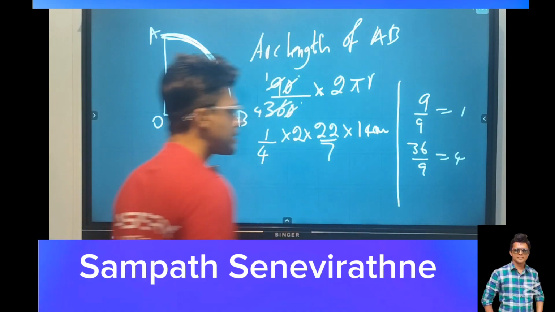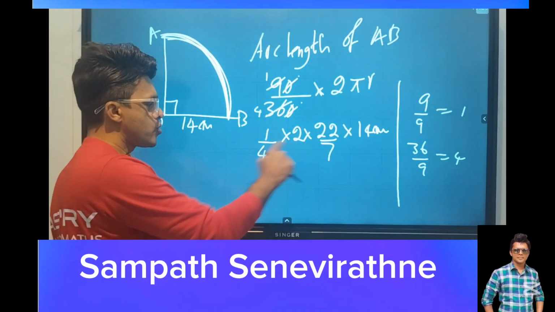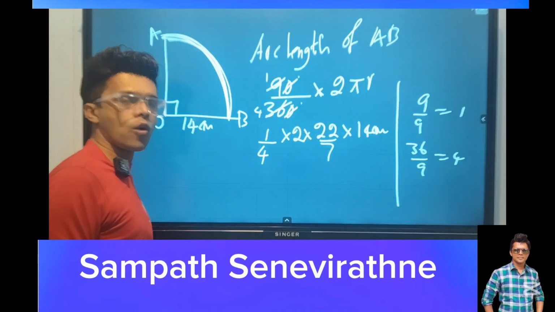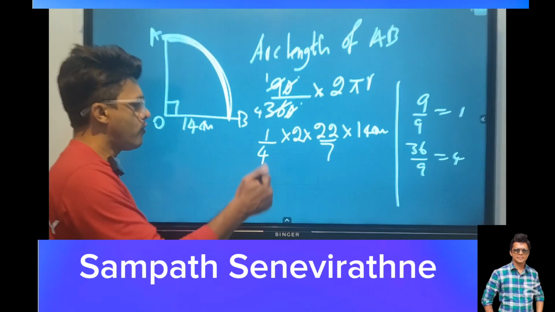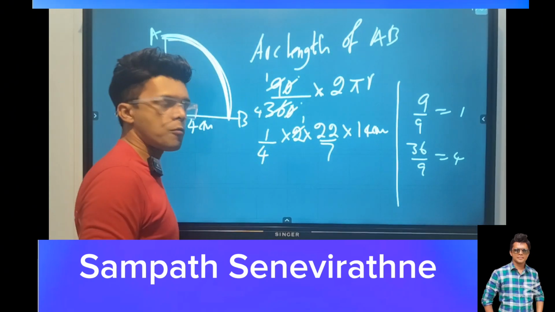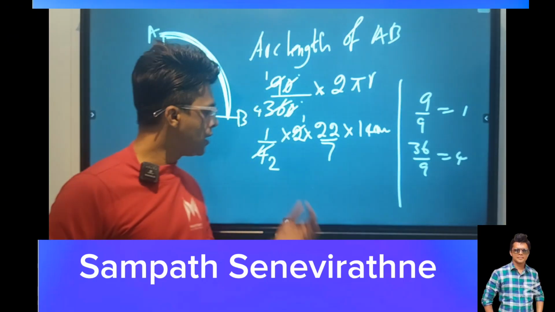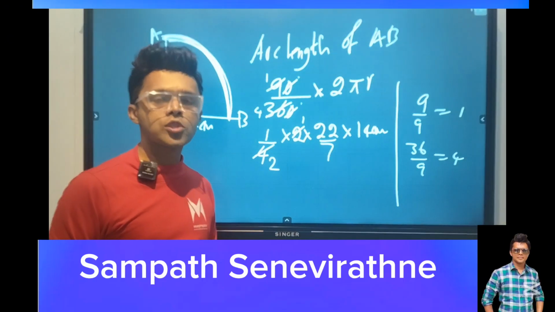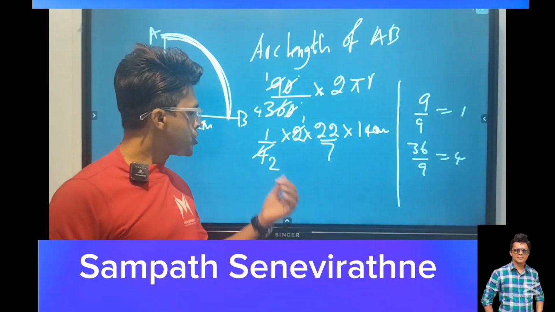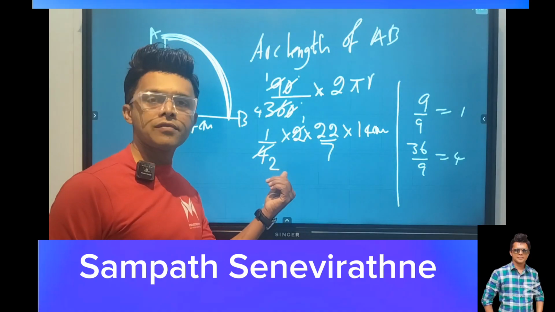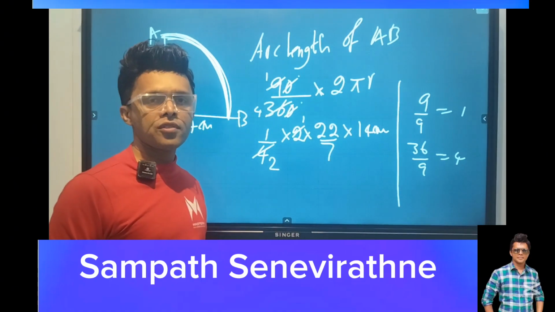Now you can simplify that. This 2 and this 4 can be cancelled out. 2 upon 2 is 1, 4 upon 2 is 2. And this 2 and this 22 can be simplified more, since 2 is a multiple of 2 and 22 is a multiple of 2.